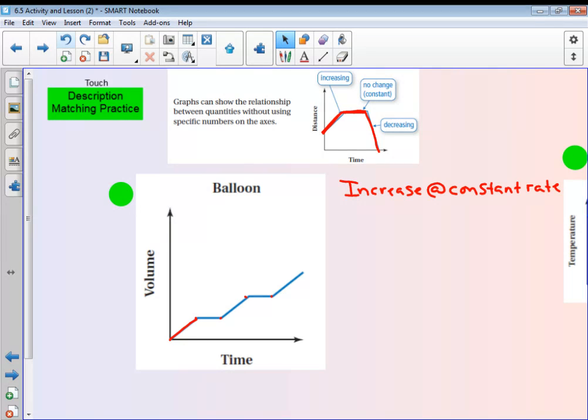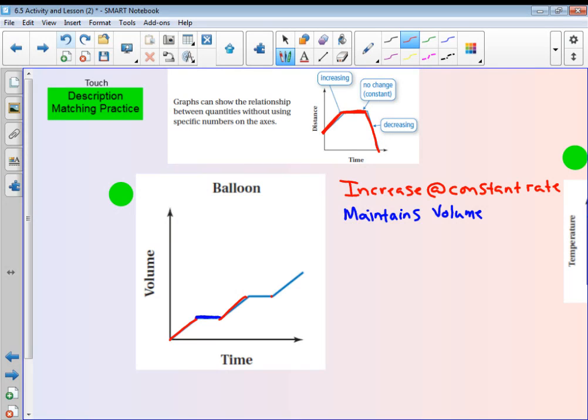Okay, well then what's happening here on this straight line is it's maintaining, where it's staying at that volume. So it's going to maintain that size or volume. Okay, then our next one would be it increases again.